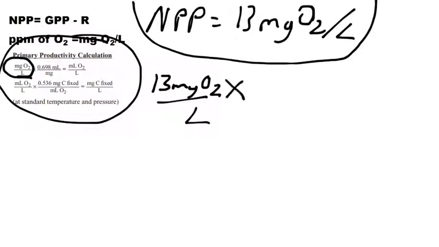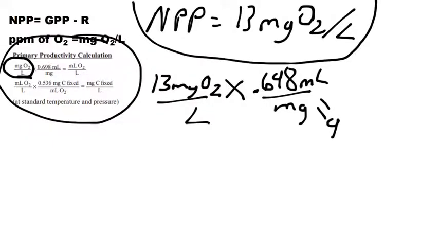So we need to multiply that by 0.698 milliliters per milligram. And what that gives us, that essentially converts milligrams of oxygen per liter to milliliters of oxygen per liter. And once we do that calculation, we get 9.074. And that's in milliliters of oxygen per liter of water.